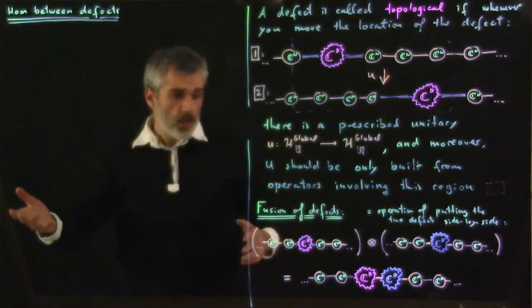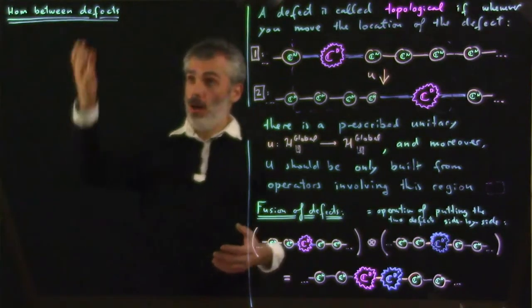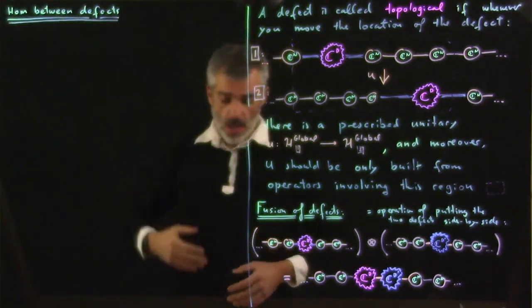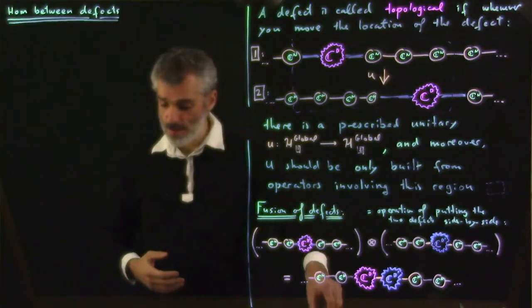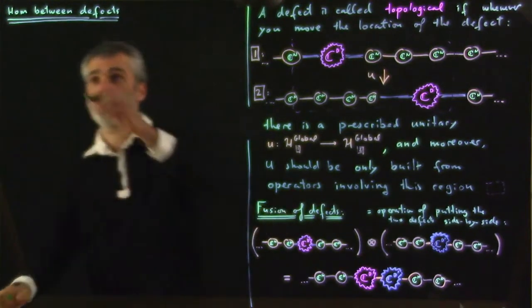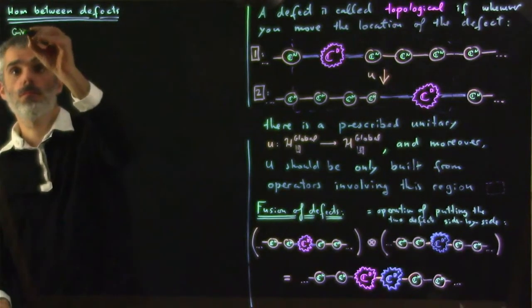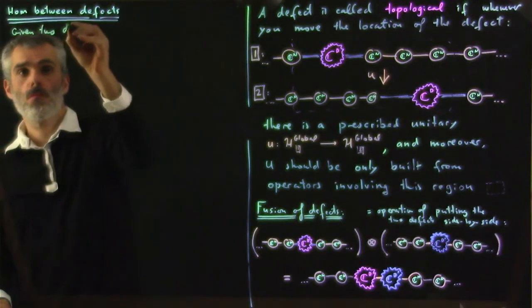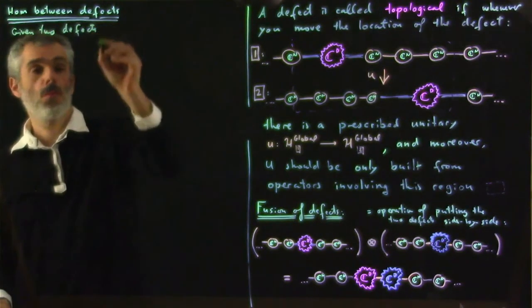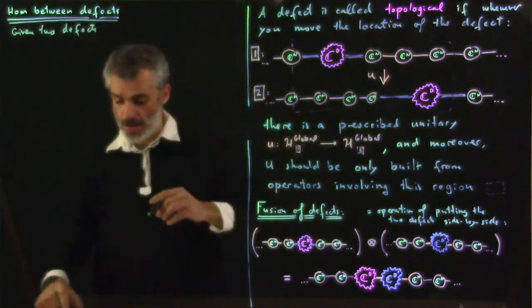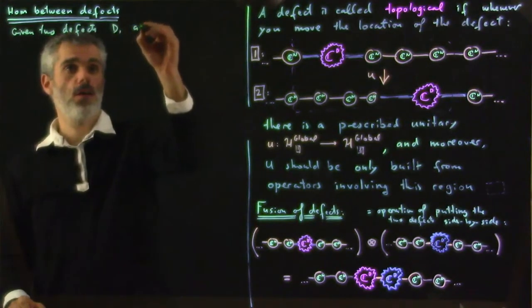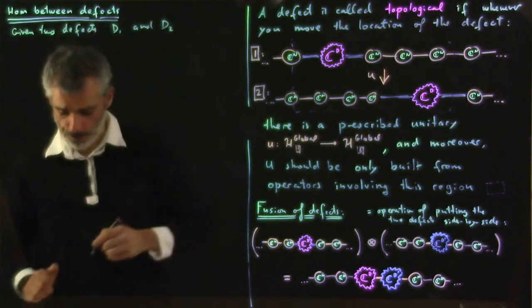And now, very importantly, we also have the notion of homs between defects. So if I have two defects on a fixed spin chain, let's call them D1 and D2.